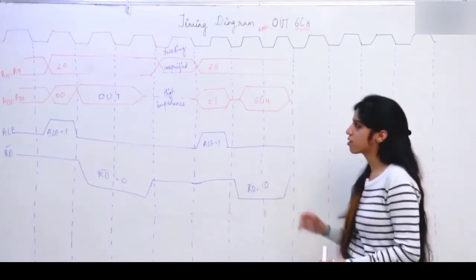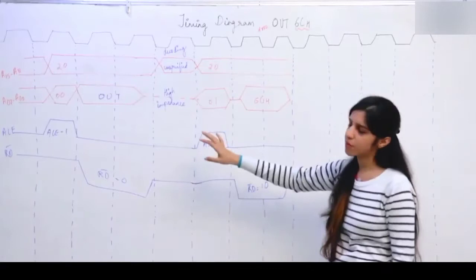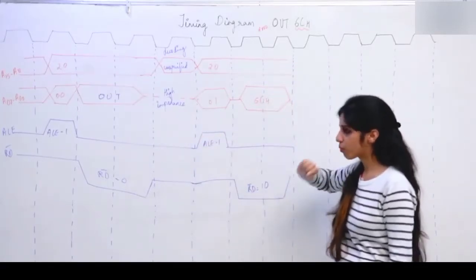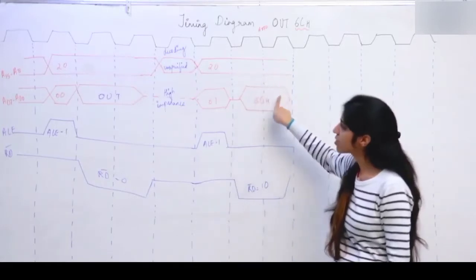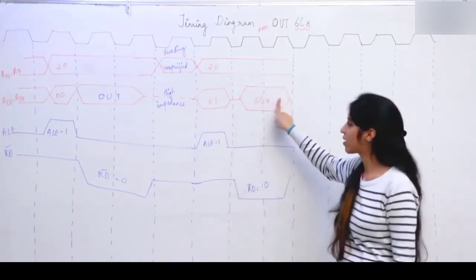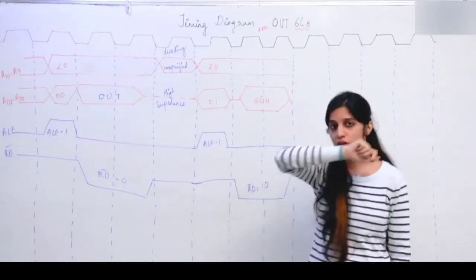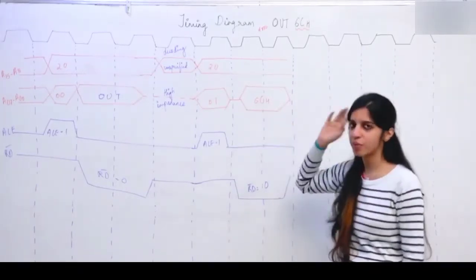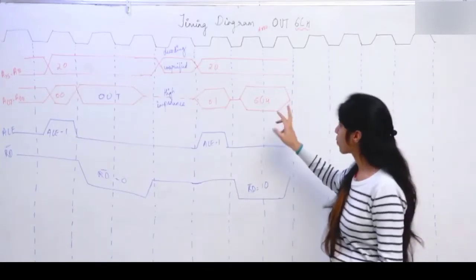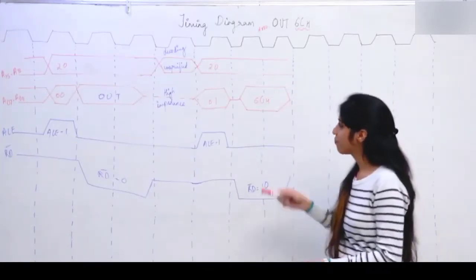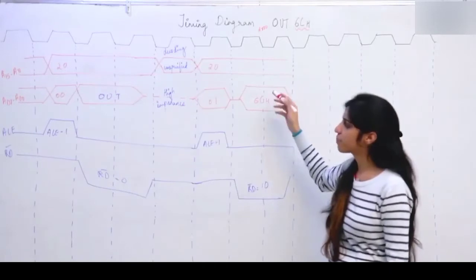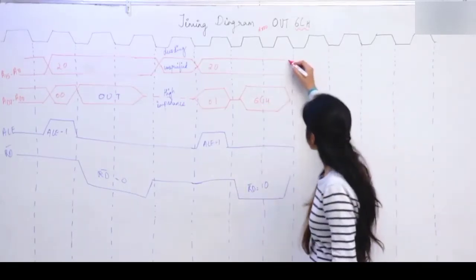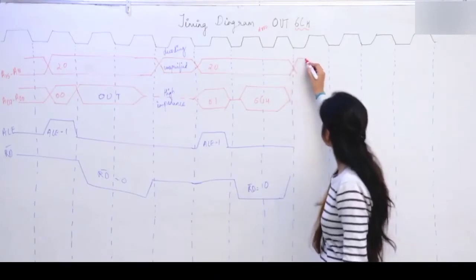Now the microprocessor knows that something has to be output, and at what address? At 6C. But the problem is the address bus that we have got is a 16-bit address bus, and the address at which you are supposed to output this is an 8-bit address. This 6C is an 8-bit address. So now this point is important. When we have an 8-bit address but the address bus is 16-bit, there is something known as address duplication.